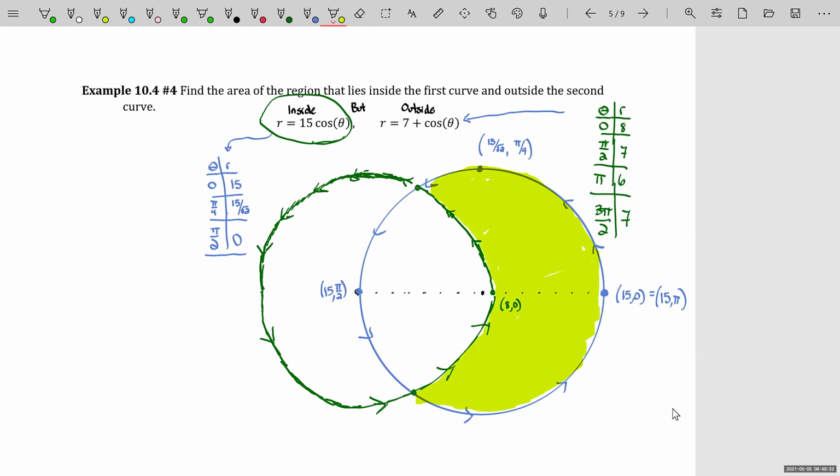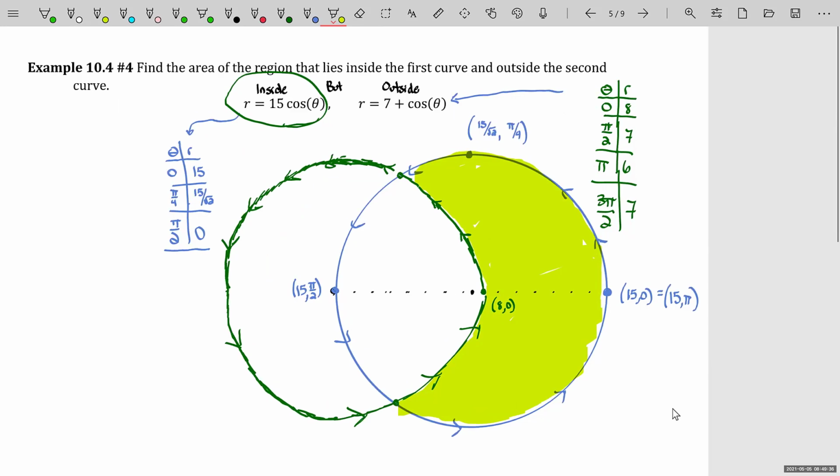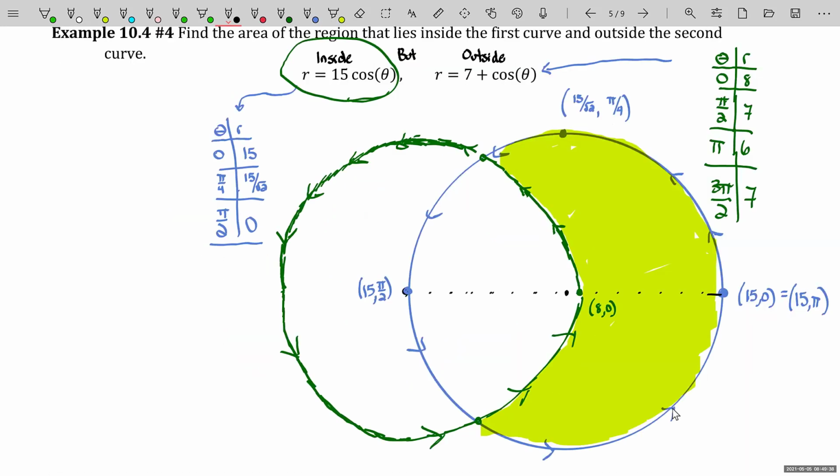You can see it's symmetric. So what I could do is start by saying, okay, I want from angle theta equals 0, all the way to when they meet.